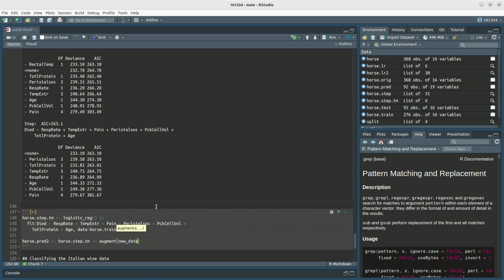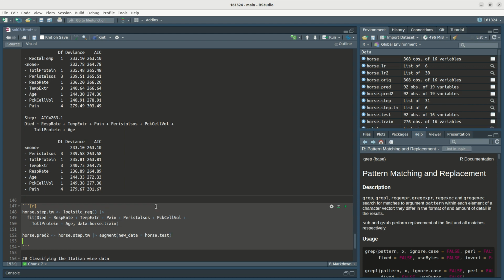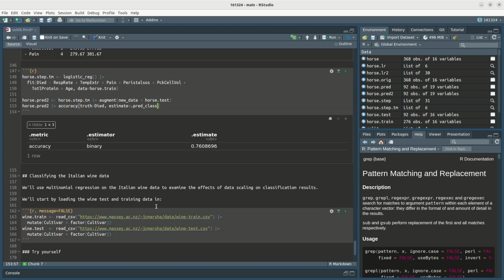Augment new data is going to be our test data. Then we could work out the accuracy. Okay, we're doing exactly the same by the looks.